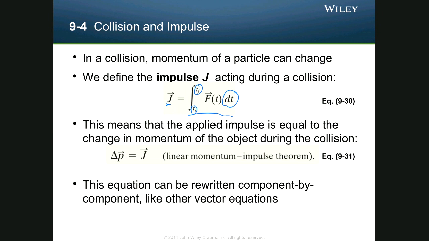Now, as complicated as this can be, one of the things we interpret from our definition of momentum, if you remember, is that F equals dp/dt, where p is equal to mv.